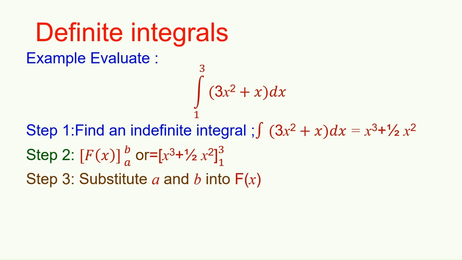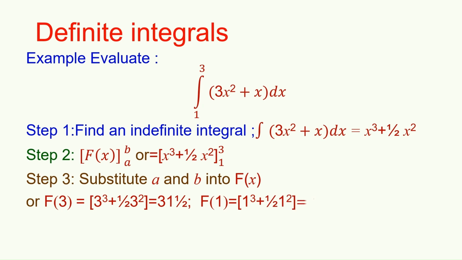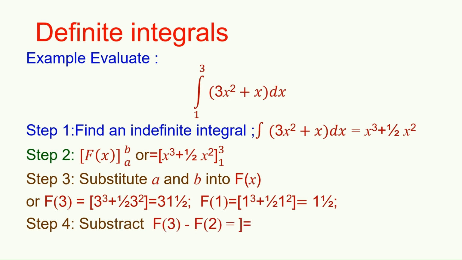Step 3. Substitute a and b into F(x). F(3) equals 3 cubed plus 1/2 times 3 squared equals 31 and 1/2. F(1) equals 1 cubed plus 1/2 times 1 squared equals 1 and 1/2. Step 4. Subtract F(3) minus F(1) equals 31 and 1/2 minus 1 and 1/2 equals 30.